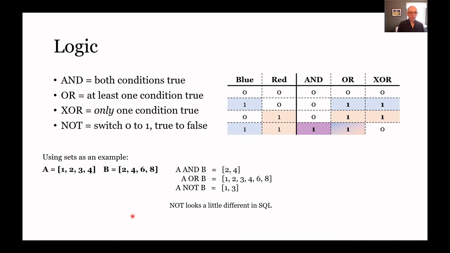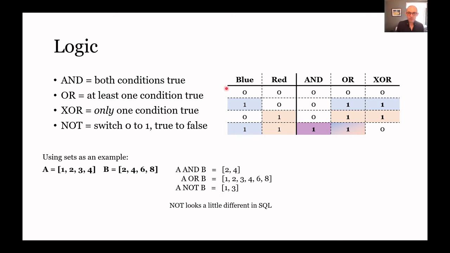We have two objects that can be either blue or red, object 1 and object 2. We have these two qualities that we're investigating, the blueness and the redness of a situation.